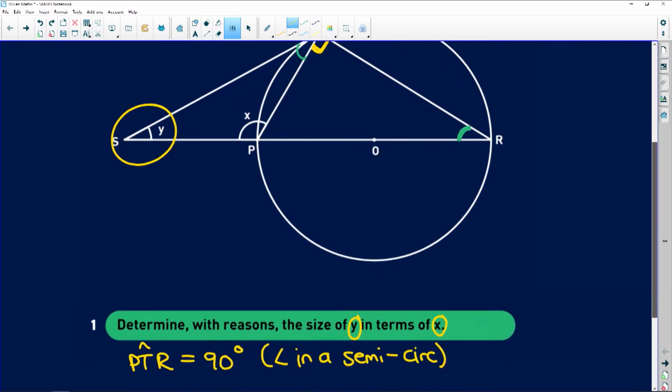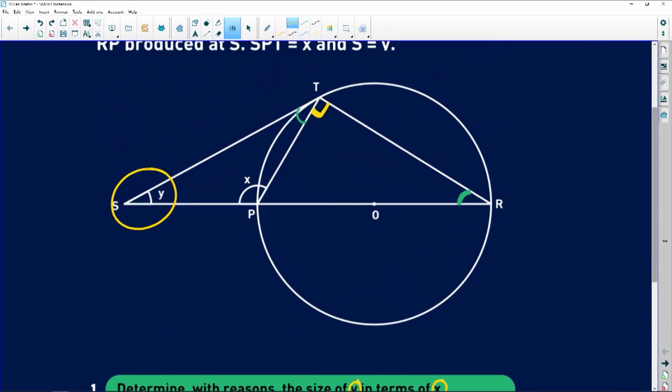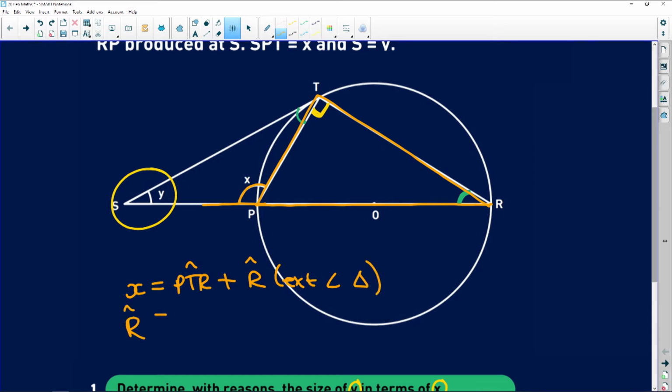So, therefore, angle R is equal to, well, if we look at this triangle inside the circle, if we extend that side, we get our exterior angle, which is X. So we know that X is equal to angle PTR, our right angle, plus angle R, because of exterior angle of a triangle. Okay, so if we manipulate to find R, angle R is equal to, PTR is 90 degrees, so it is X minus 90 degrees.